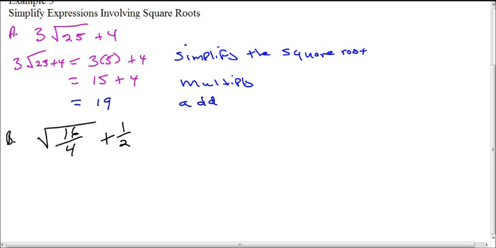Now when we look at this, we're doing the work first. So this will equal the square root of 16 divided by 4 plus 1/2, which is equal to 4 divided into 16, giving us the square root of 4 plus 1/2. Okay, make sure you understand what I just did.